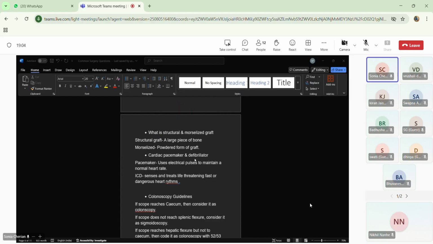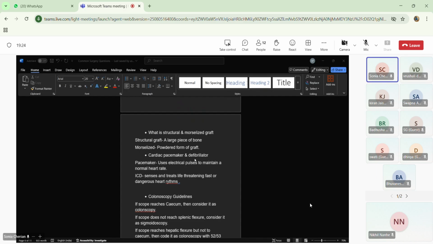Then the next question is cardiac pacemaker and defibrillator. As I told you, a pacemaker uses an electrical impulse to maintain a normal heart rate. For example, for bradycardia patients, they insert a pacemaker.